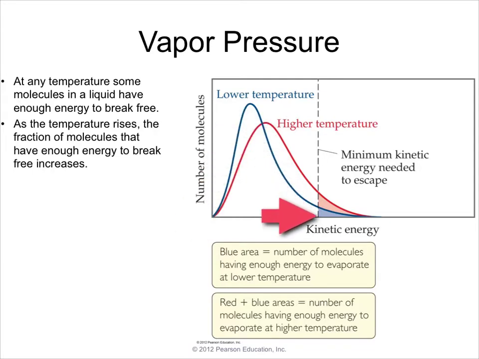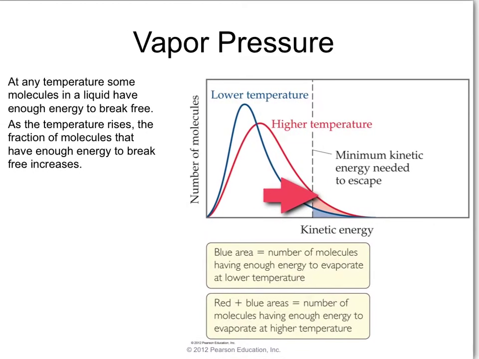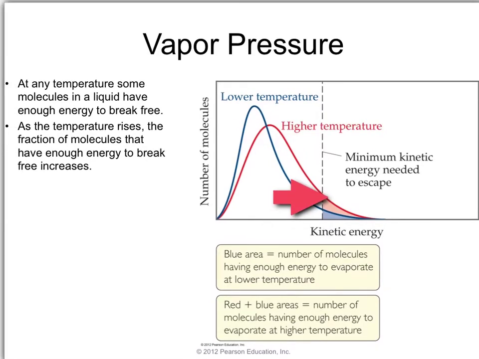I'm going to have more of a distribution. And let's say that this is that energy needed to escape. This is the minimum energy that's needed for those molecules to escape. So I can see under the area for my red line that I have more molecules with enough kinetic energy to escape.